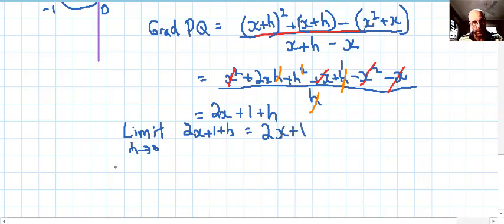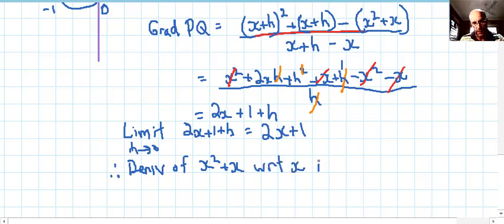So therefore the derivative of x squared plus x with respect to x is 2x plus 1. So it's another function. Okay, one way of describing this derivative too, it's like a gradient function.